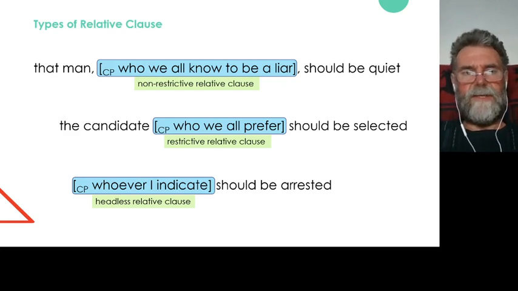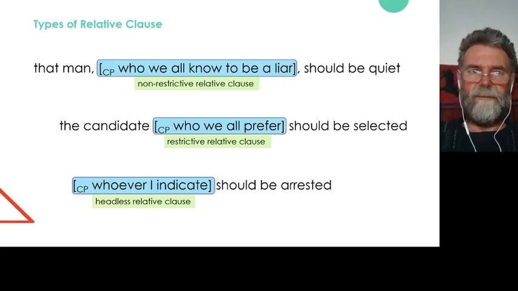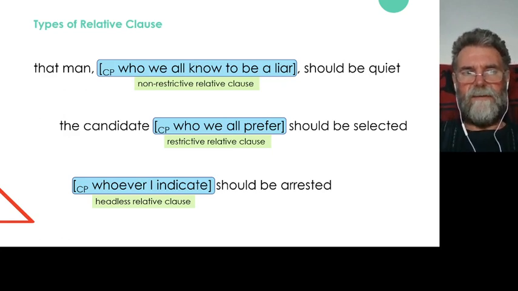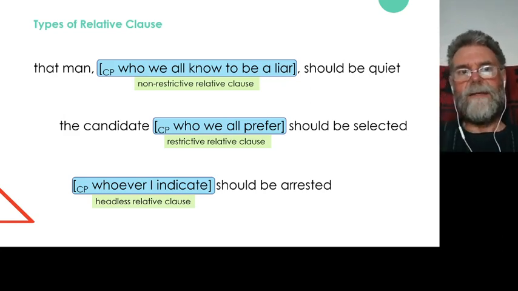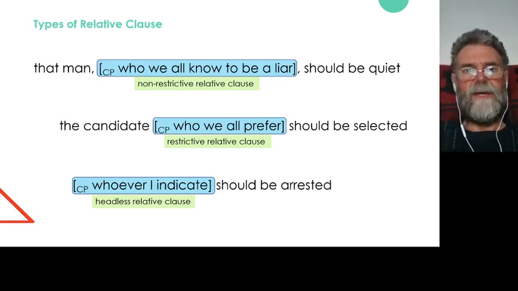Another difference we can see between the three of them is in terms of their pronunciation. As you can see in the first case with the non-restrictive relative clause, there's a comma between the noun phrase, the determiner phrase that man, and the relative clause itself, which actually indicates a pause in how you pronounce this.